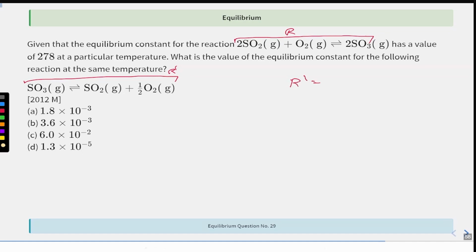First, R dash is actually the reverse of R. So R is reversed, then you got R dash, and then finally, let's say R double dash, and then you got R double dash by 2.